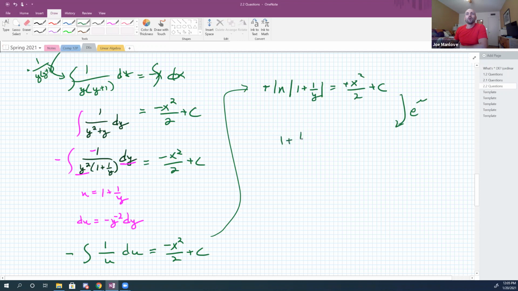So I end up with 1 plus 1 over y is e to the x squared over 2 times a. And I guess I have an absolute value on that side. Everybody good?